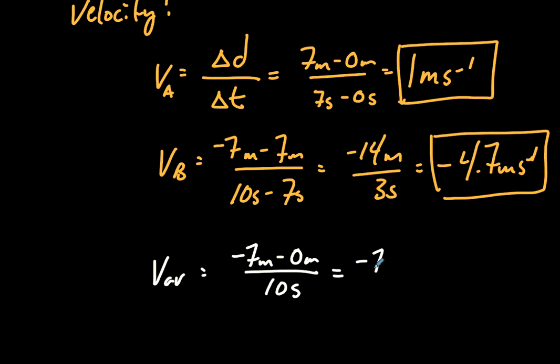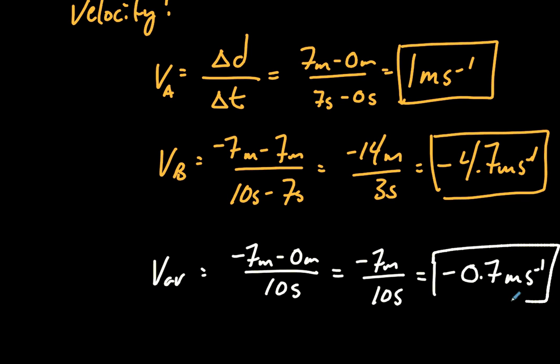So we get negative 7 meters divided by 10 seconds, and you get negative 0.7 meters per second. So we can pull multiple different numbers out of the same motion, and they all mean different things. And you as a physics student have to understand all these differences and what we mean by average and what we mean by instantaneous and what we mean by all of these things.